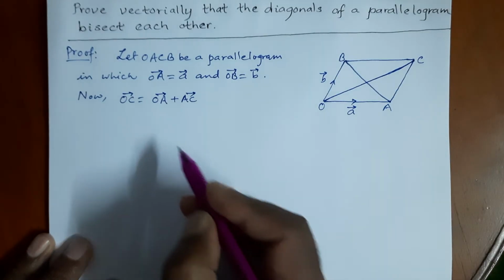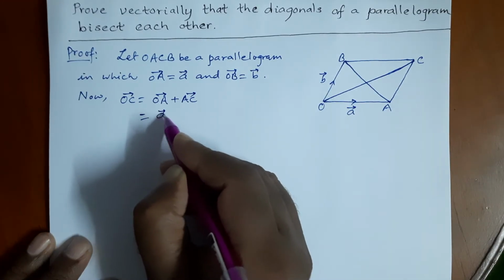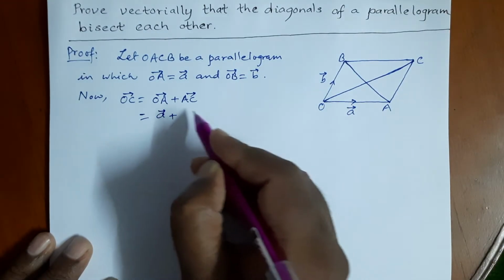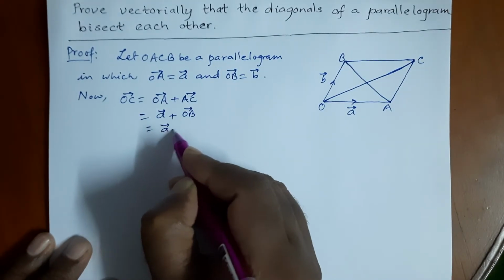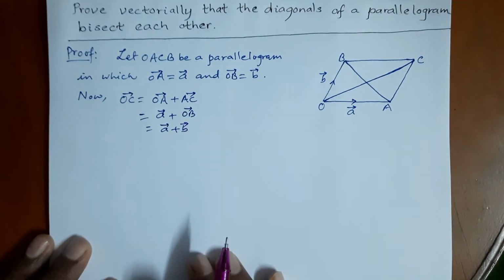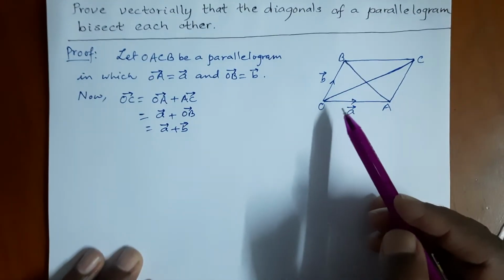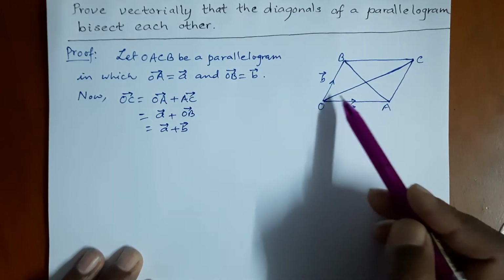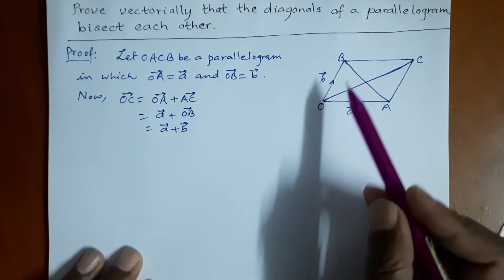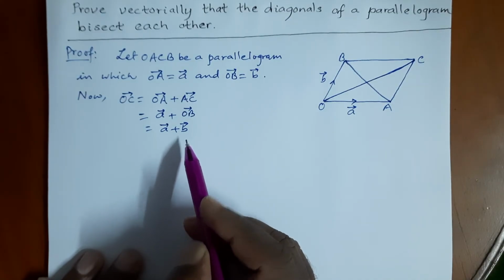Or we can write this as vector OA, which is vector A, plus vector AC, which is the same as vector OB. So this will be vector A plus vector B. Without writing like this, directly by using the parallelogram law of vectors also, vector OC equals OA plus OB. So OC equals vector A plus vector B.